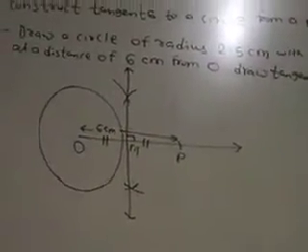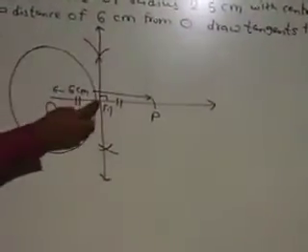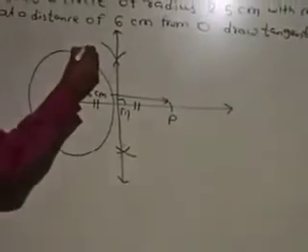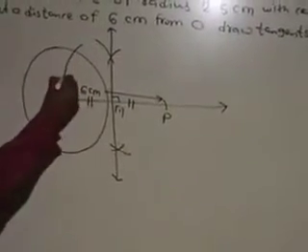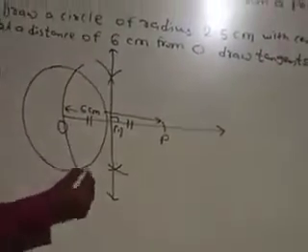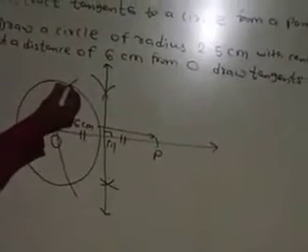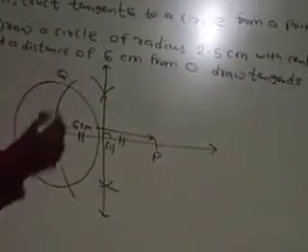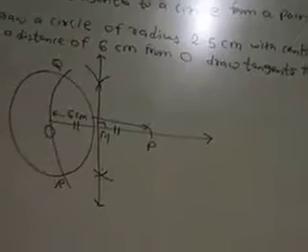Then compass on M, distance up to O, and make the arc that will intersect the circle in 2 points. Give one point Q and one point R here.